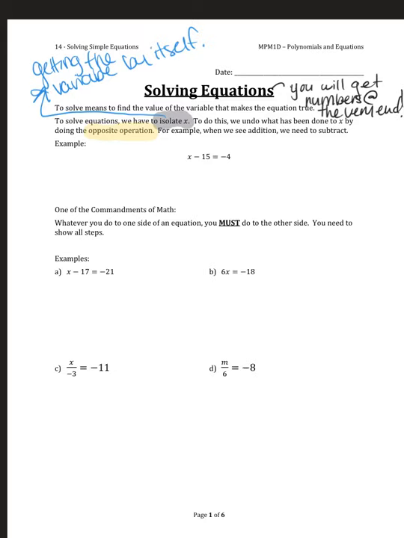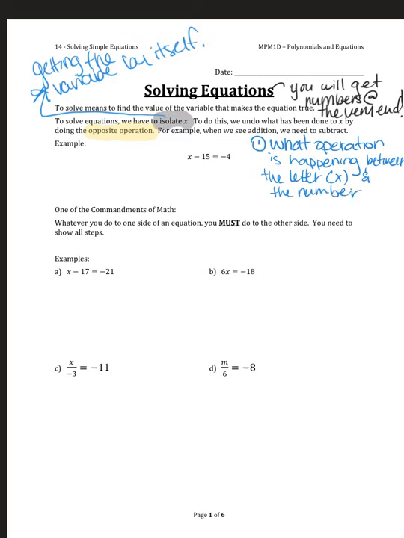Okay, so the first thing you're going to do is you're going to say, what operation is happening between the letter, which we call the variable, so in this case it's x, and the number.